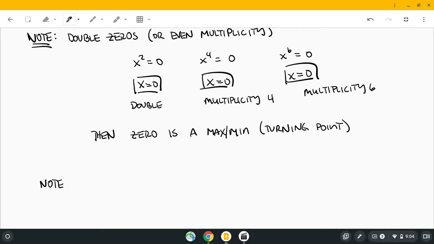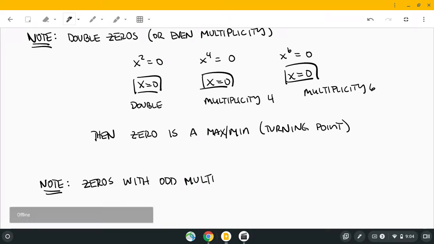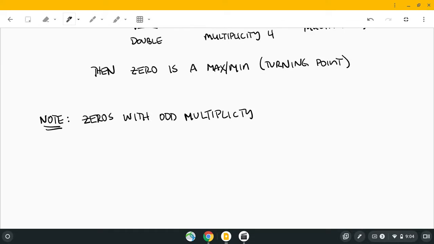So let's put another note here. Zeros with odd multiplicity have a different behavior. So odd multiplicity, like multiplicity 3, 5, 7, 9. If you have x cubed equals 0, then x equals 0, and it has multiplicity 3.